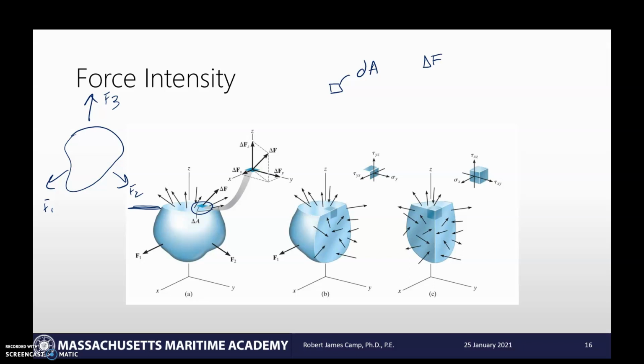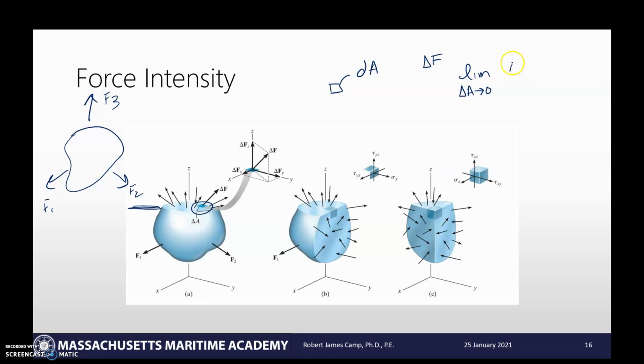And so what I'm going to do, because I want to know all of them, we're going to apply a little bit of math, and I'm going to take the limit as delta A approaches 0 of the result of all those little forces. Now, I want to break these up into the different axes because I want to look at the resultant force in the z direction. I want to look at the resultant in the x direction. I want to look at the resultant in the y direction.